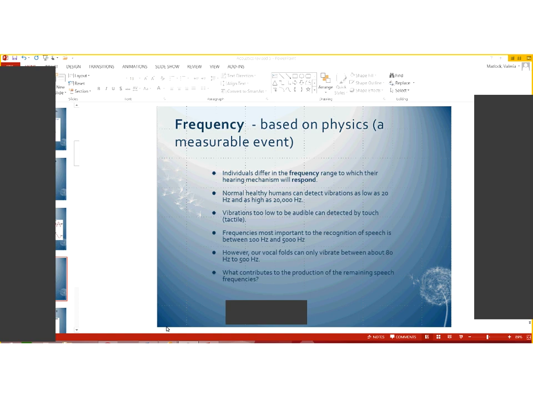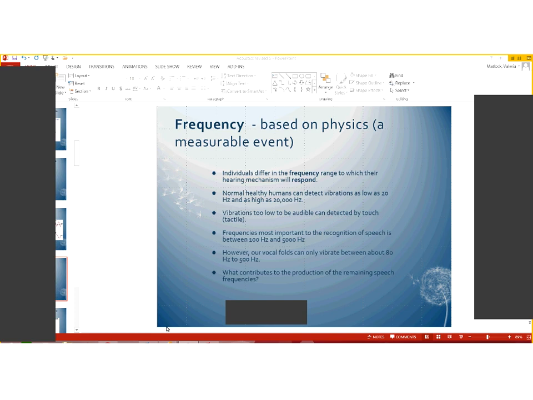So although we can perceive up to 20,000 hertz, no problem, and as low as 20 hertz, we're only using frequencies between around 250 hertz and 4,000 hertz that make up the acoustical properties of speech.